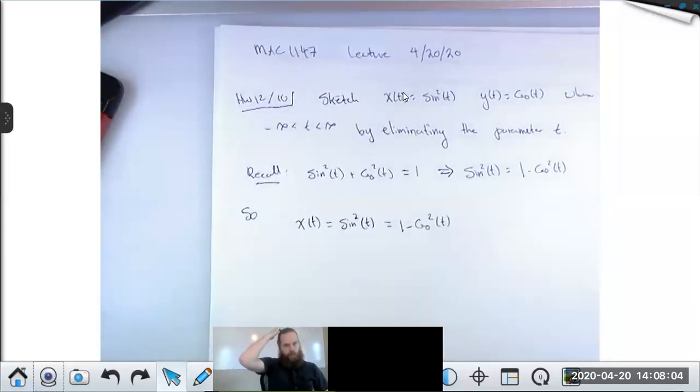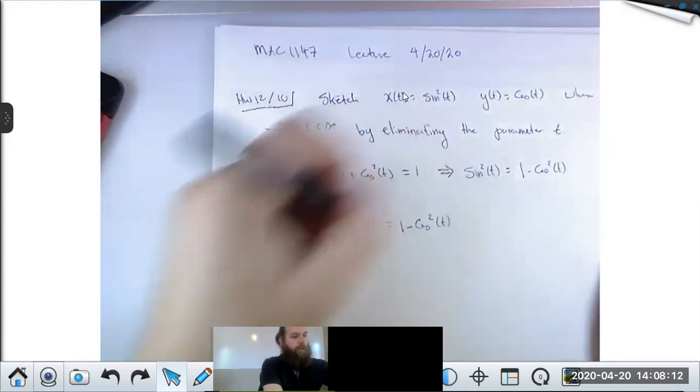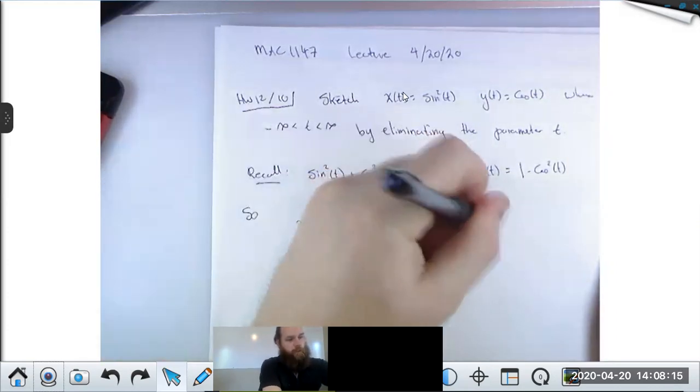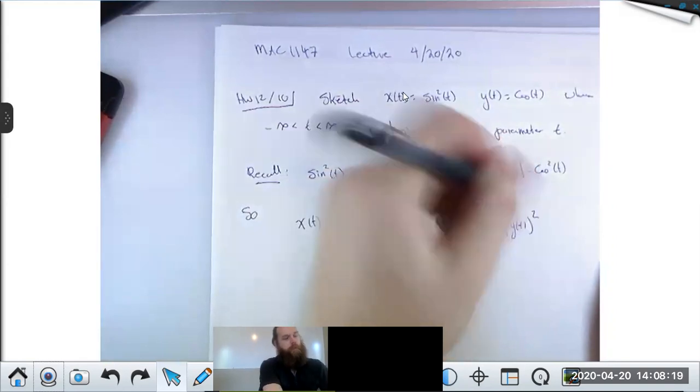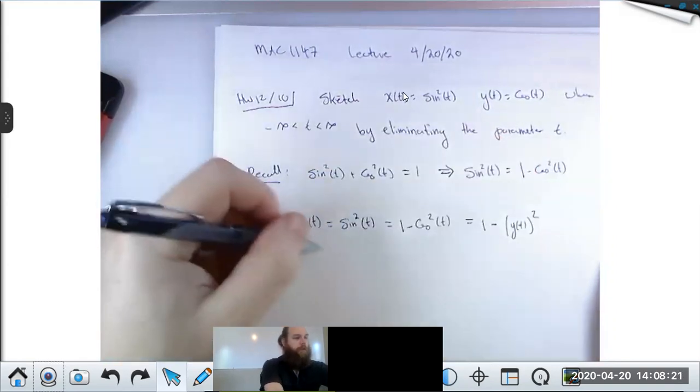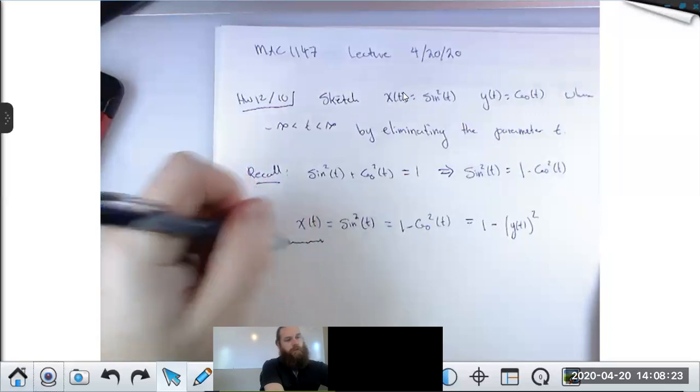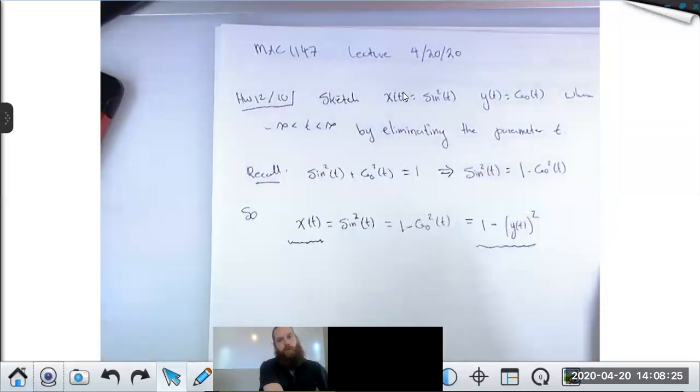And this is a nice thing to recall because cos of t is y. So cos squared t is y squared. So this is the same as 1 minus y of t all squared. And if you look at these ends, x is equal to 1 minus y squared.